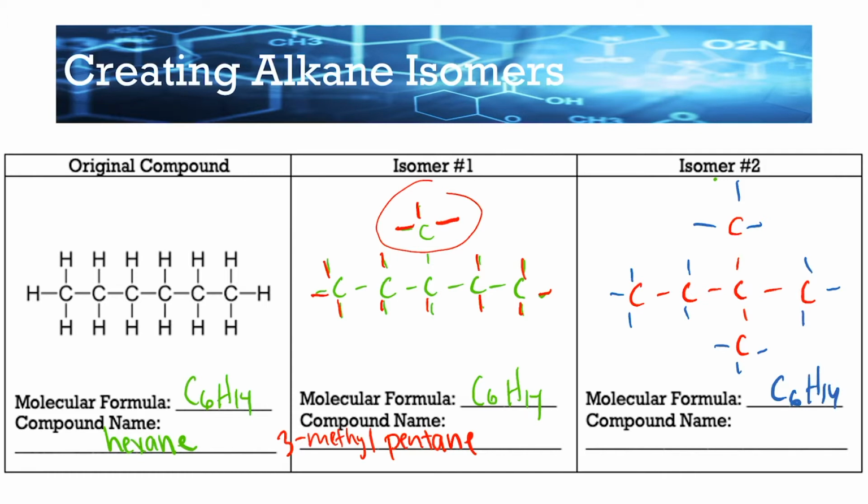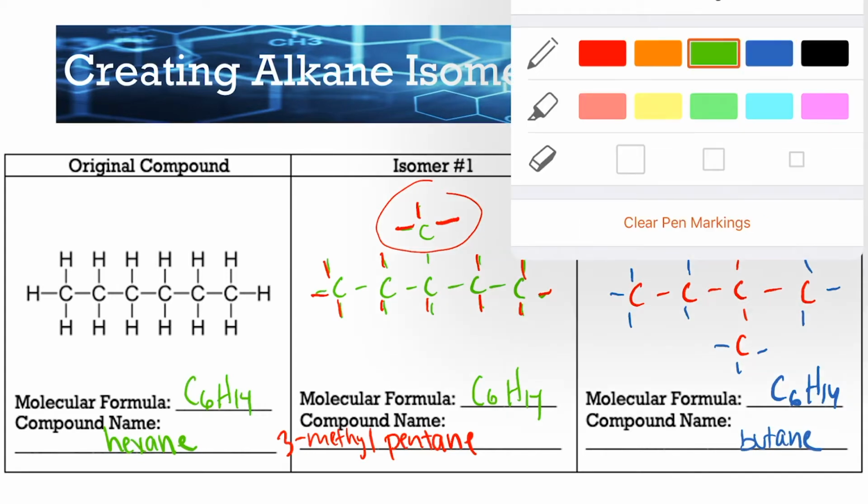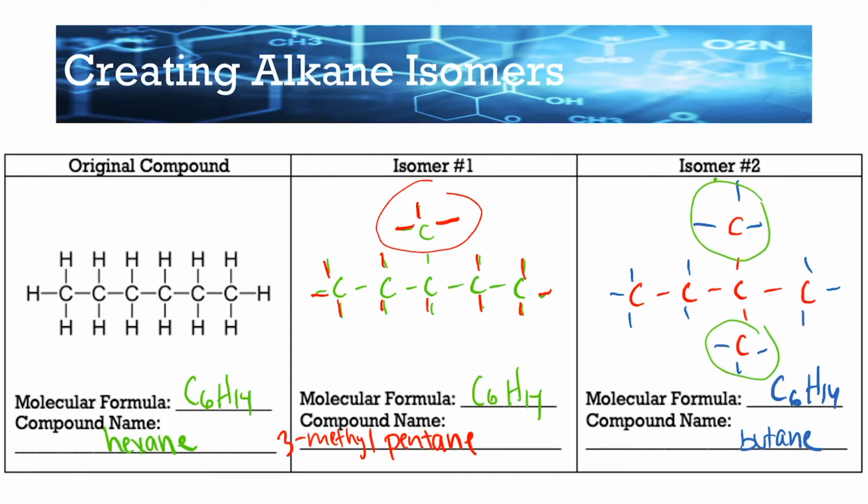But now our longest chain of carbons is 4. So that's but, ane, because we have the single bonds. And we have these 2 methyl groups hanging off of it. And that would mean we have 2,2-dimethylbutane. So you have to make sure that you are really checking these longest chains, because just like I made that simple mistake, you can too. So that's why when we draw it and then we name it, that's your check.